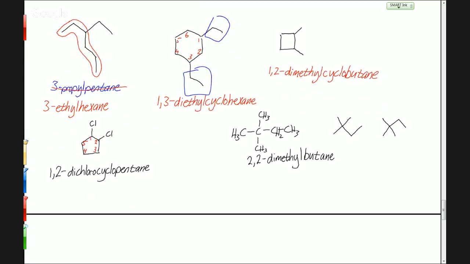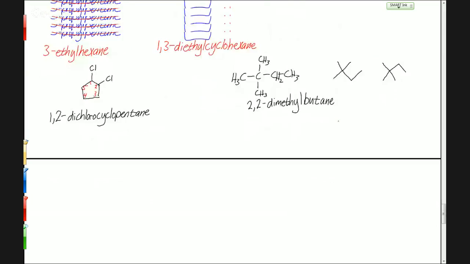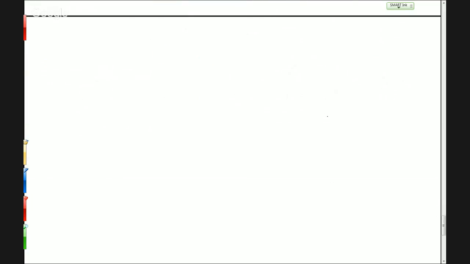Okay. Next, we're going to get away from the alkanes a little bit and go into another functional group called the alkenes, very similar. But first, we're going to look at one thing that applies to both of these. And that is saturated versus unsaturated hydrocarbons.